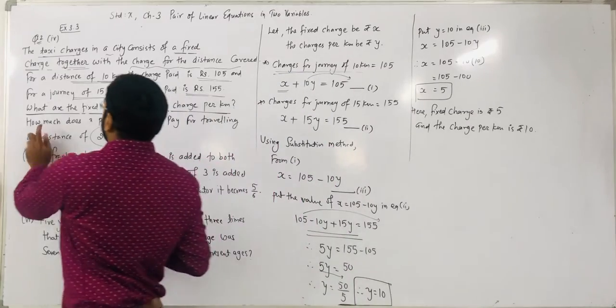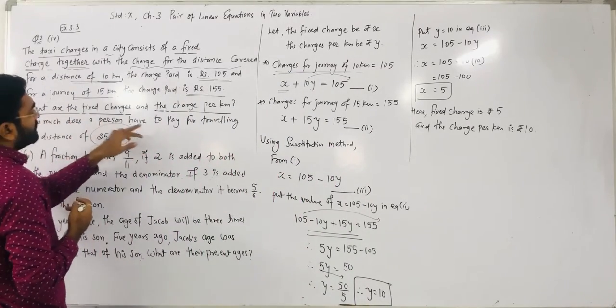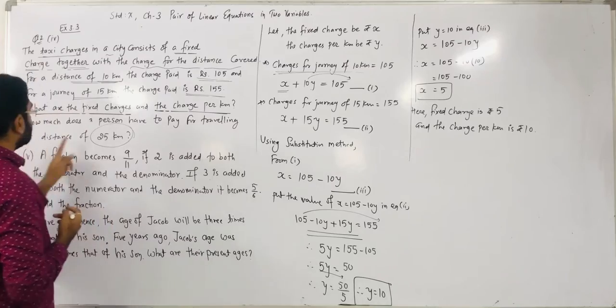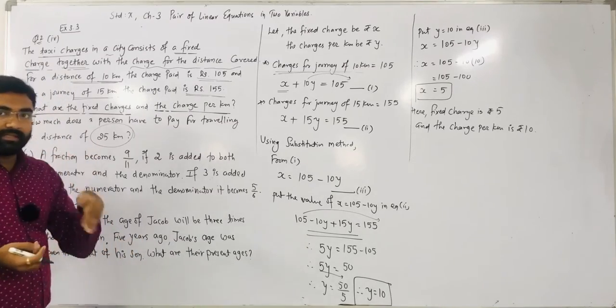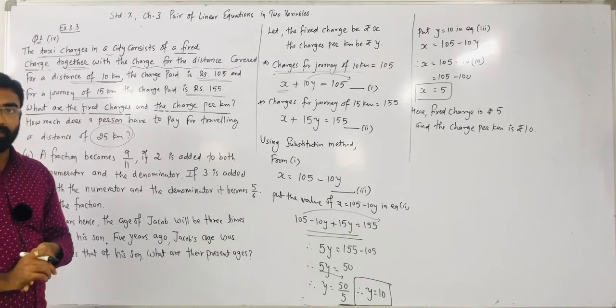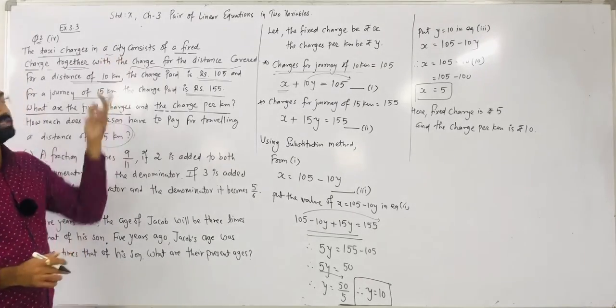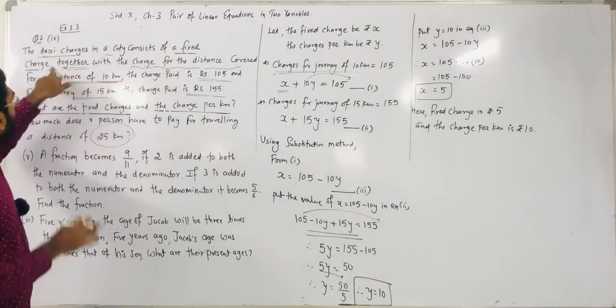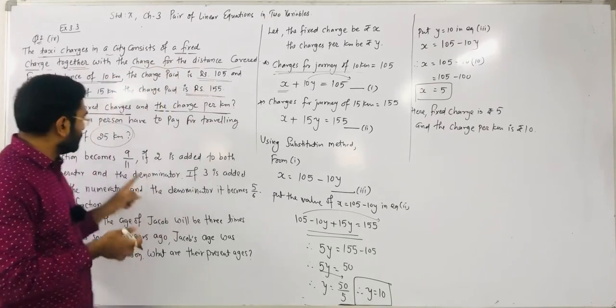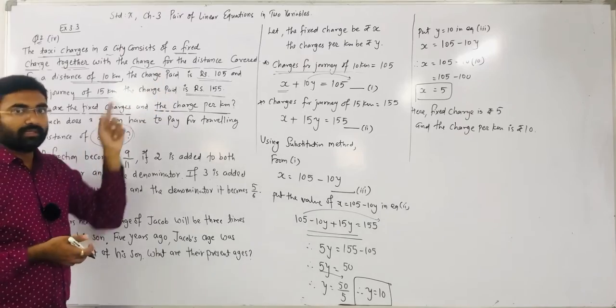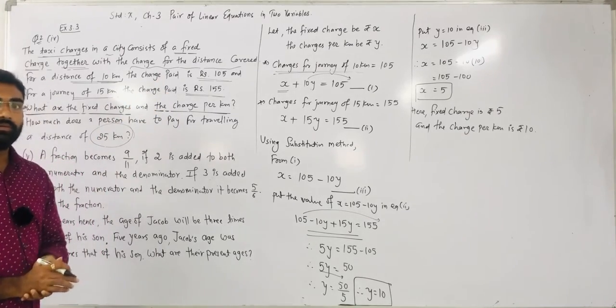Now another question is also given: how much does a person have to pay for traveling a distance of 25 km? For traveling 25 km, we have to find the charge. As mentioned in the question, the fixed charge we already have to pay, and another charge we have to pay as per the distance covered. So 25 km is the distance covered, and we have to find the rupees.